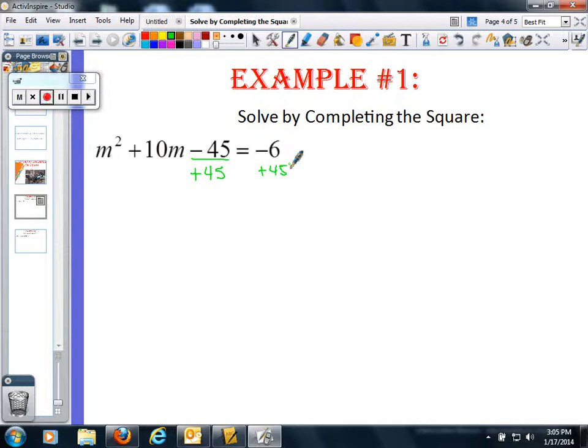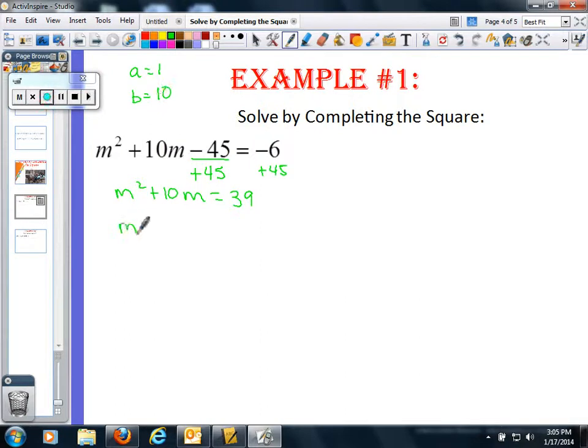In doing that, I'm going to get m squared plus 10m equals 39. Okay? Now when we do that, we want to look at completing the square on the left side. So again, the a here is 1, our b is 10, but we're going to ignore this c, we're going to move it to the other side.